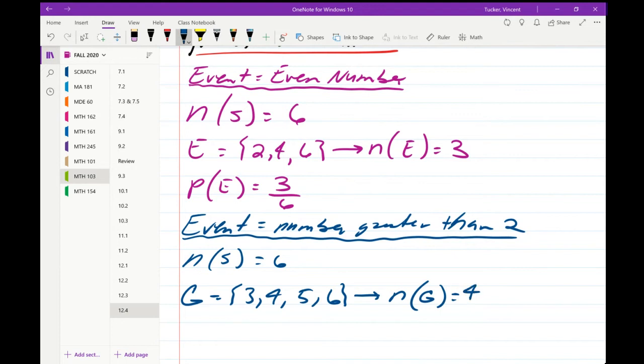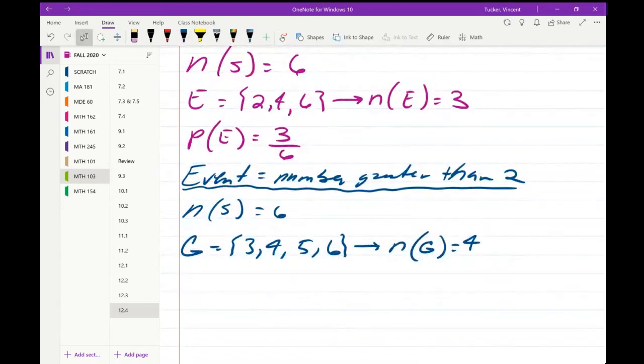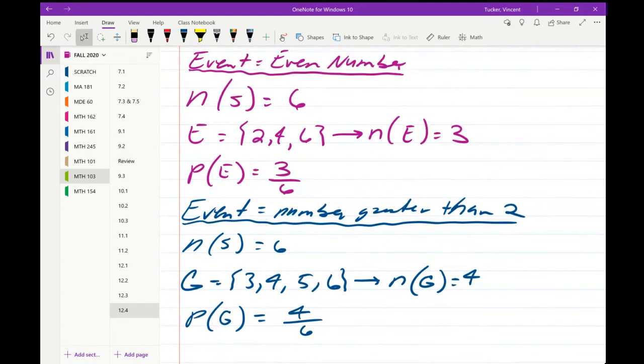So we have 4 elements. This event's probability is 4 over 6. So before we go any further, everybody okay with our 2 initial events?